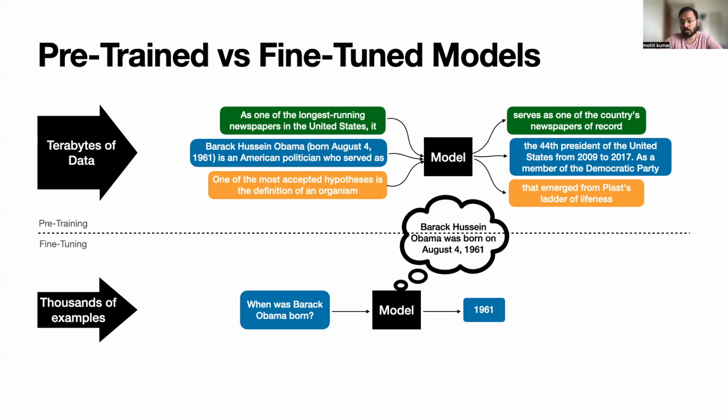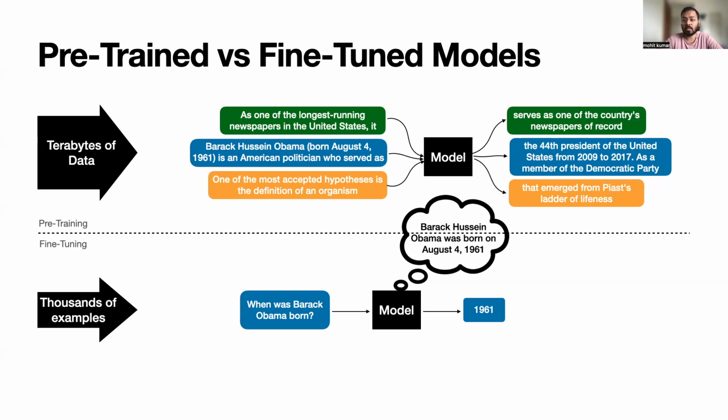Now, the model doesn't know what kind of output we specifically need. But since it is trained on this whole internet data, if we ask this query, it will probably know that Barack Obama was born on August 4, 1961, but it just doesn't know that we need only the year, right? So what we can do is create such data sets where we ask it when was someone born, and then the output is the year, and we fine tune the model on this data.